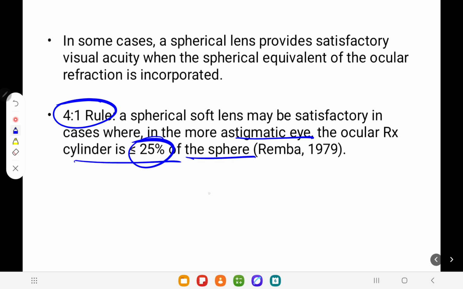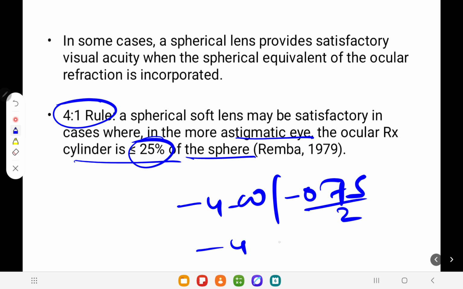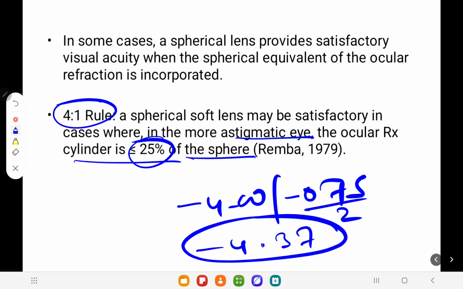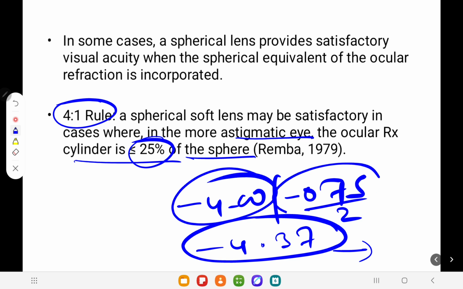For example, if sphere is -4 and cylinder is 0.75, in that case we can do the spherical equivalent, which is divided by 2, eventually 3.7 something, and we have to do vertex distance correction. That's all. So this is the 4 to 1 rule.